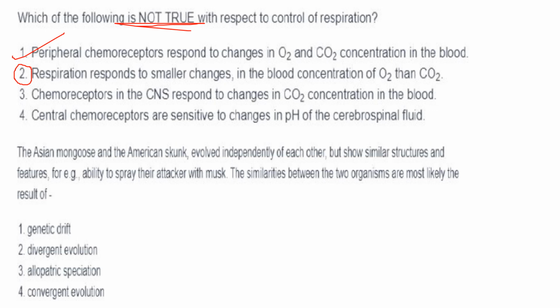That is also correct. So as per me, option 2 is the answer, but as per your answer key, they have given 3 as the answer, which might be a printing mistake.